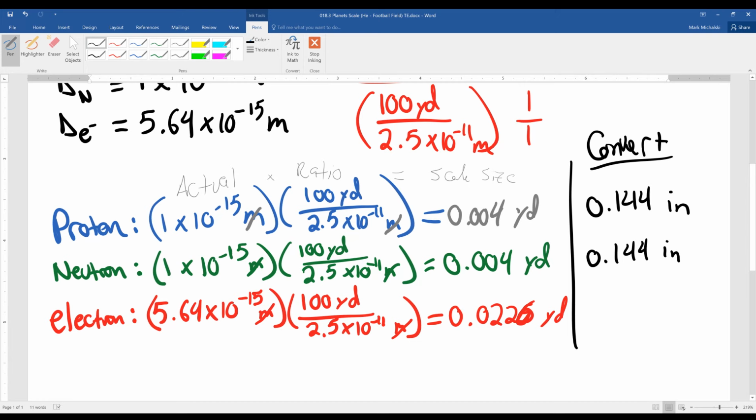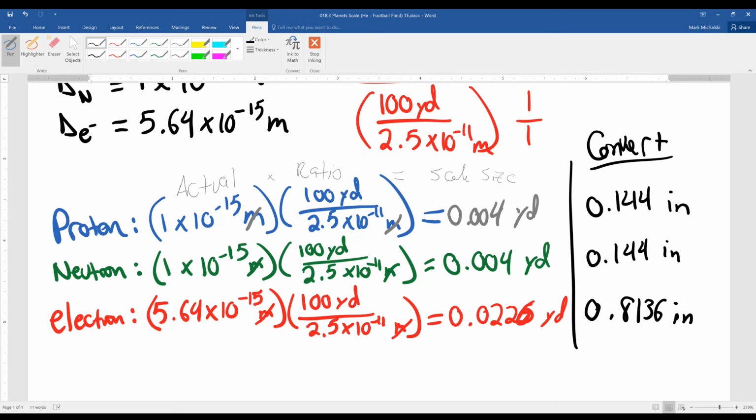And the diameter of our electron would be 0.8136 inches. So what does this mean to us?